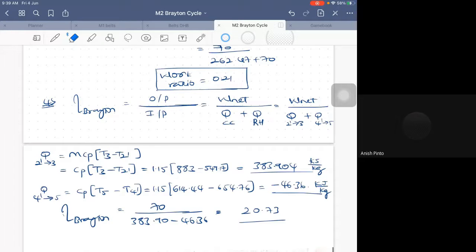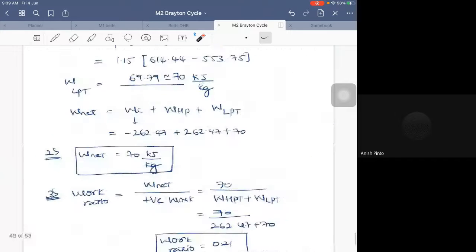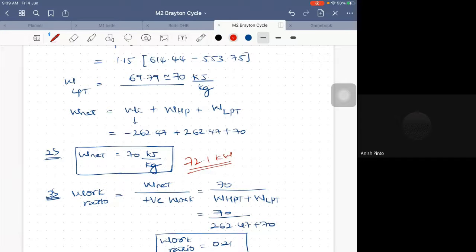So whatever procedure we have followed is correct. I'm really shocked to see a minus sign here. We don't have a solution, but yet the answers are correct. The textbook W net value was 72.1 kilowatt, and we have got 70 kilowatts. That's fine. Well done.